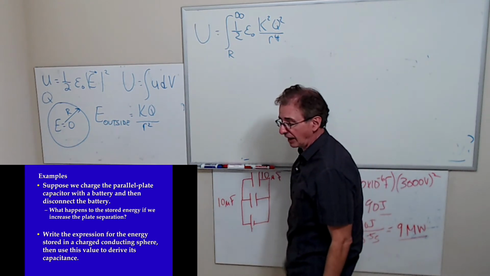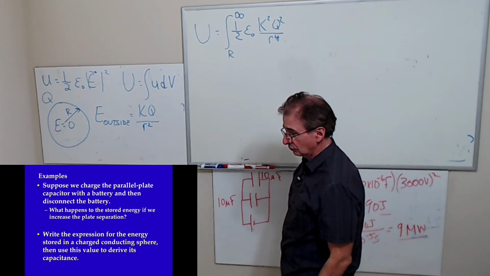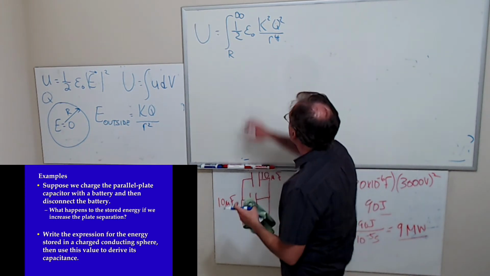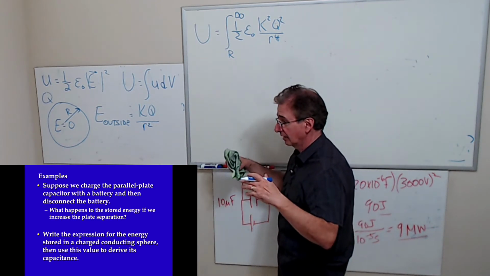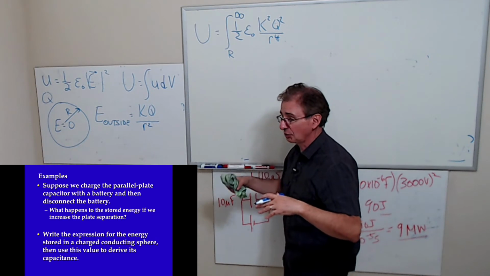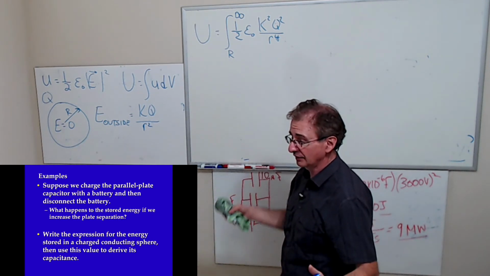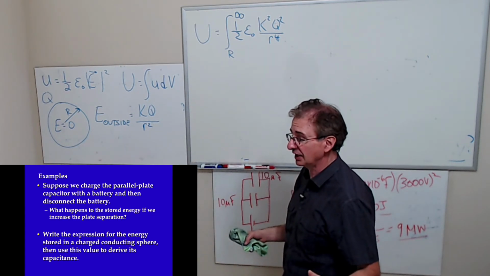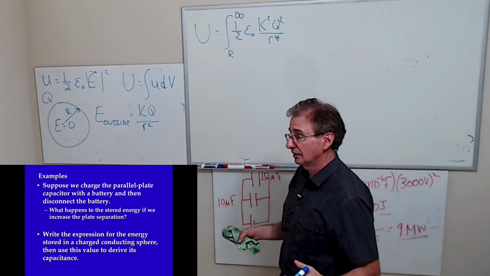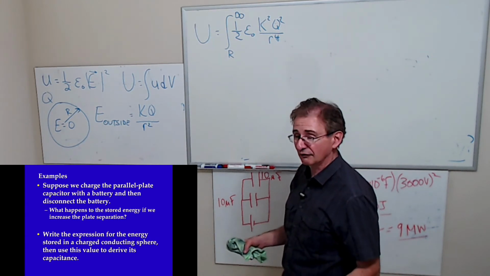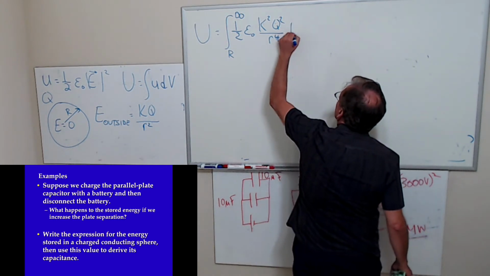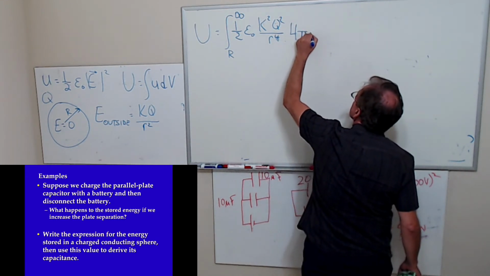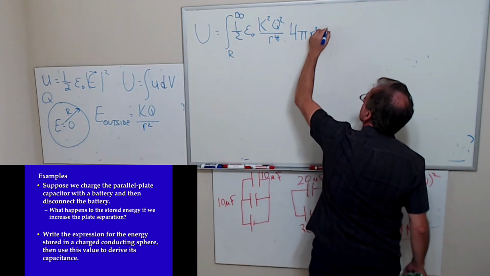What is my element of volume? Since the field depends only on r, I can break up space into a bunch of spherical shells of surface area 4 pi r squared and thickness dr. The only reason I can do this is because the electric field depends only on r.